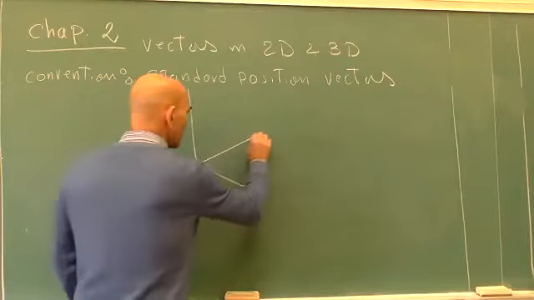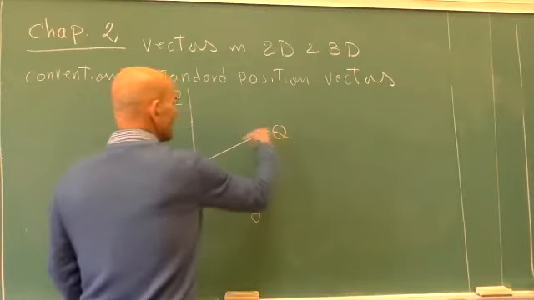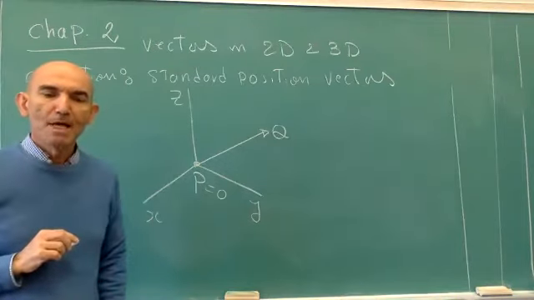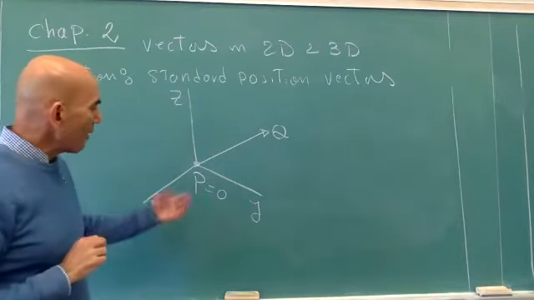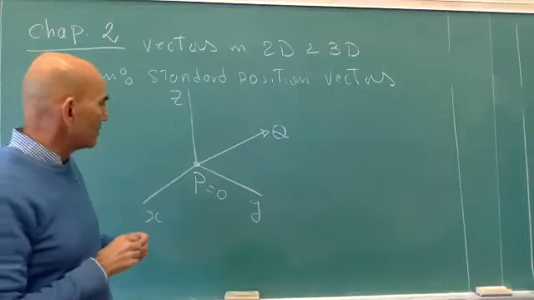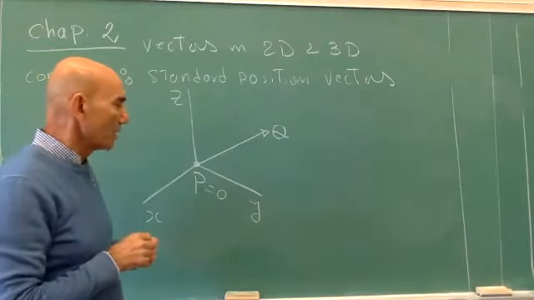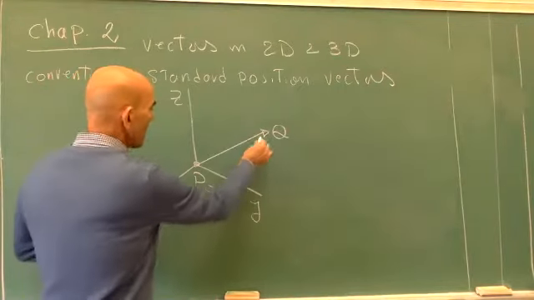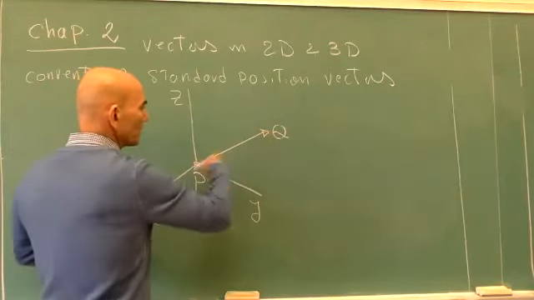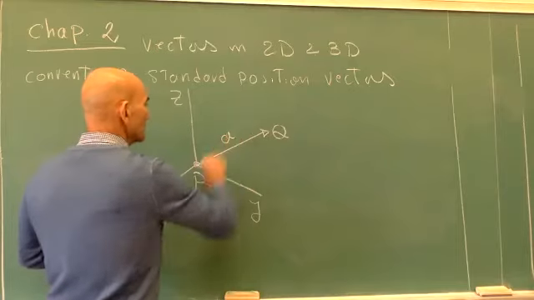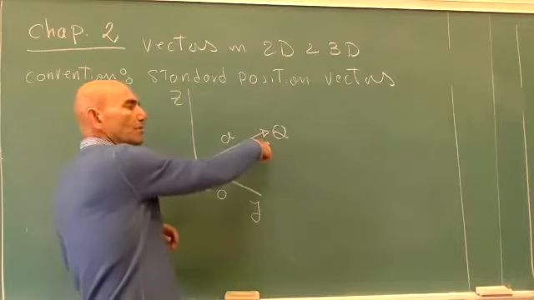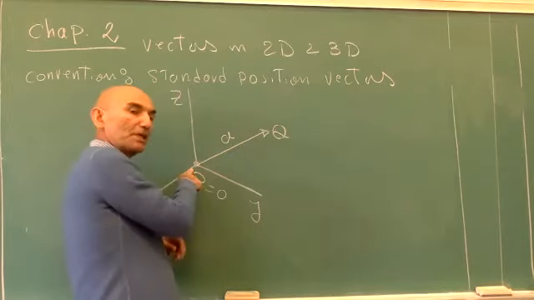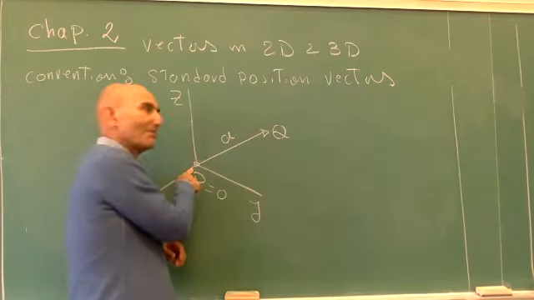And then Q, the other point, could be any point in space. And notice that now with this convention, with this method, you have gained a lot. Of course, you are losing something also, but you have gained a lot. Namely, all you have to do to specify a vector, so let's call this vector A, is to give the coordinates for this point Q, right? Because the original point P is always at the origin, right?